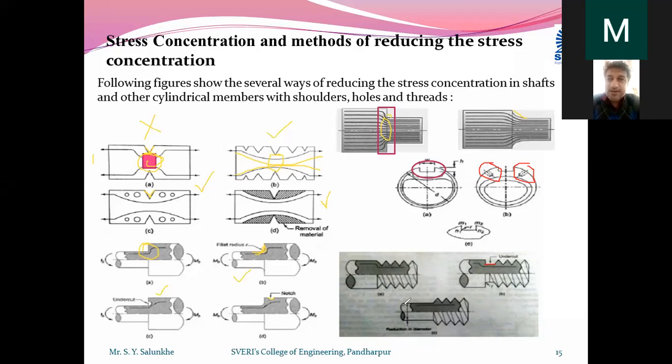Here also one has provided a solution: instead of making a sudden change in area, if you keep the bolt diameter equal to the minimum diameter, or minor diameter, of these threads, then this concentration of stress can also be reduced.